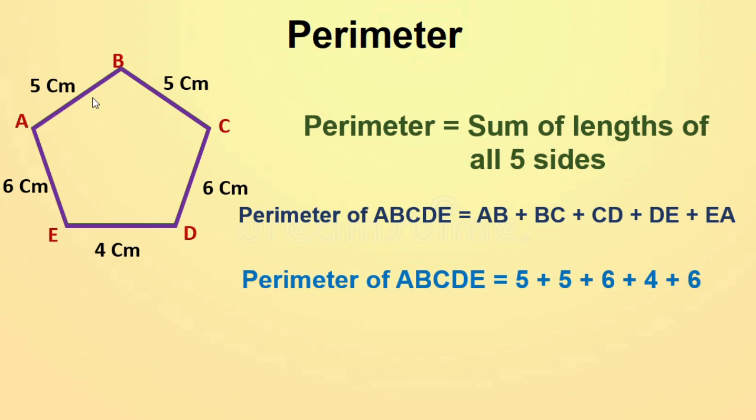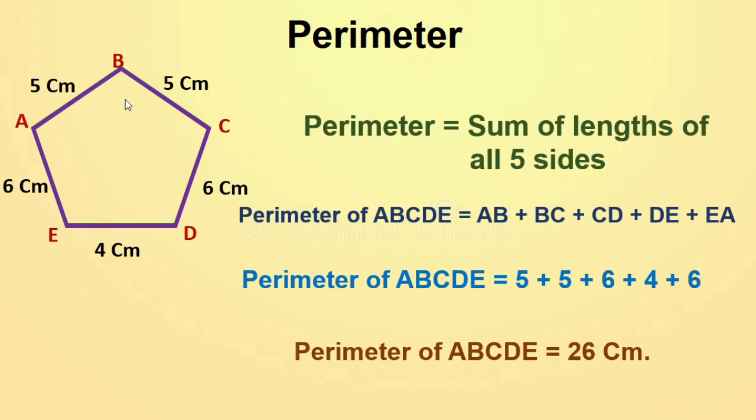See this, 5 plus 5 plus 6 plus 4 plus 6. Okay, come on, tell me the total of this. That is nothing but 26 centimeter. Got this? So perimeter of this given figure, that is ABCDE pentagon, is nothing but 26 centimeter. Okay?